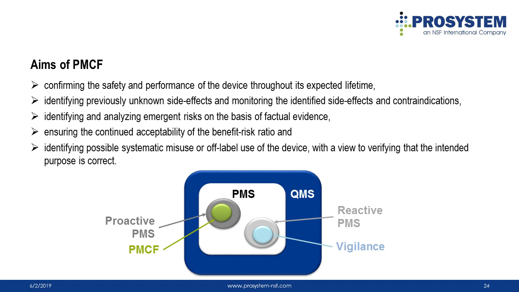Furthermore, identify and analyze emergent risks on the basis of factual evidence, which could be obtained from the clinical observation in a larger patient population or long-term use. Ensure the continued acceptability of the benefit-risk ratio, and last but not least, identify possible systematic misuse or off-label use of the device, with a view to verifying that the intended purpose is correct.